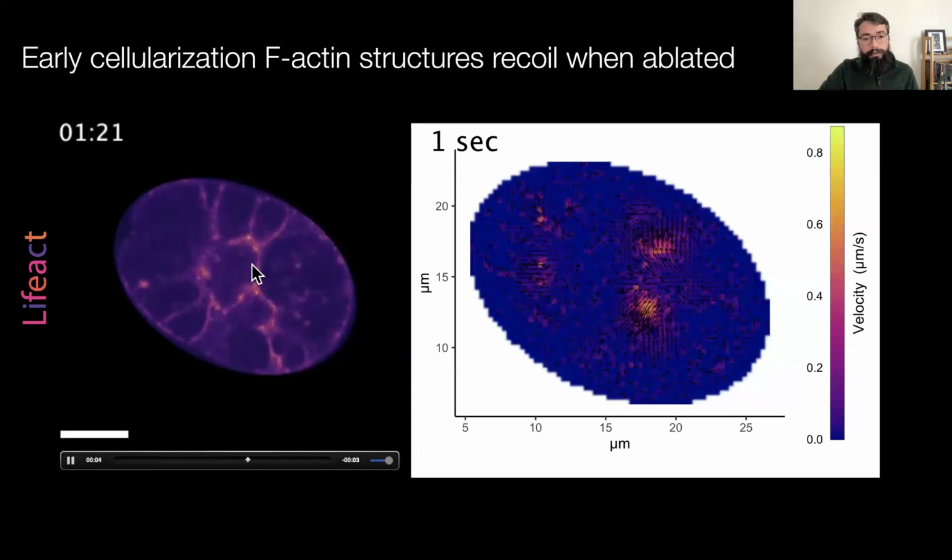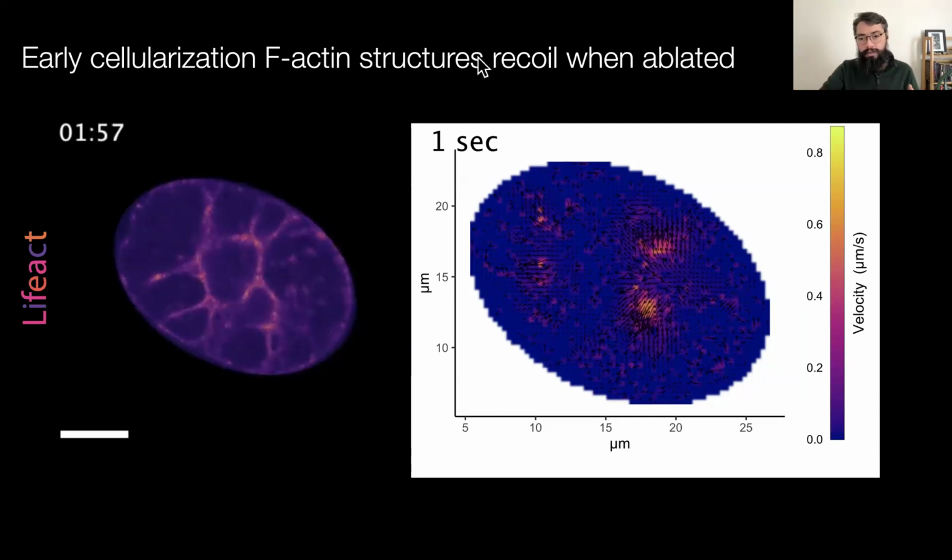Something that we were also observing is that when you shoot the laser, the recoil response is dissipated through a lot of actin structures. And it was hard to track all the different directions in which this recoil was happening, and every sporangium is different. So again, I had to find a way to measure all these changes in architecture at the same time.